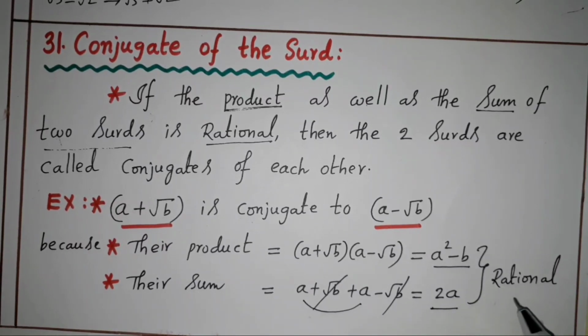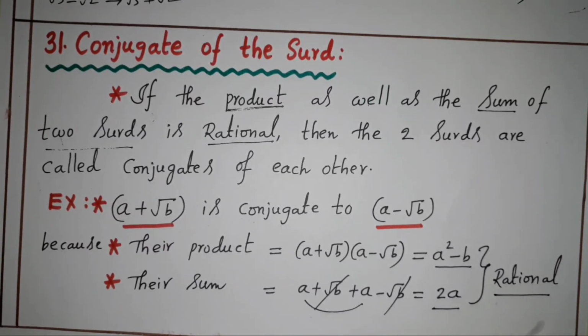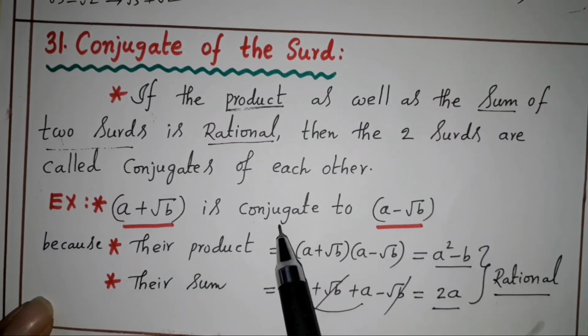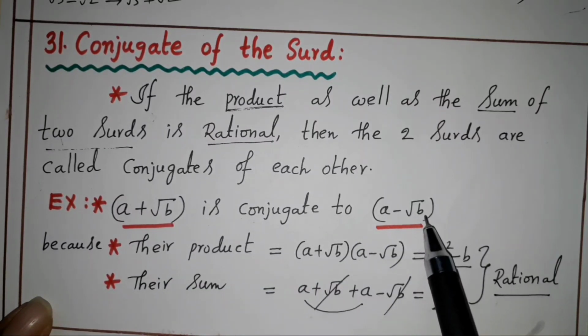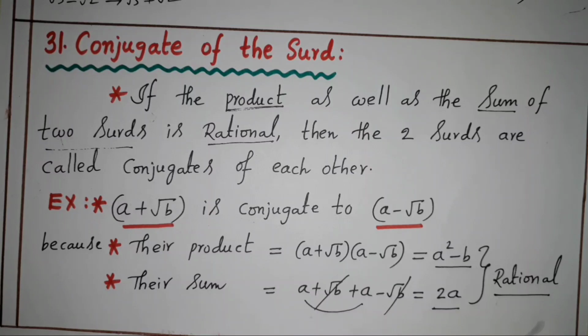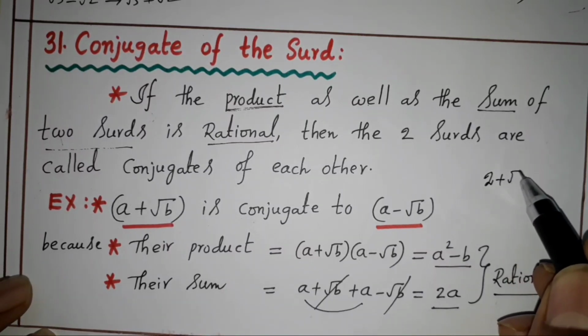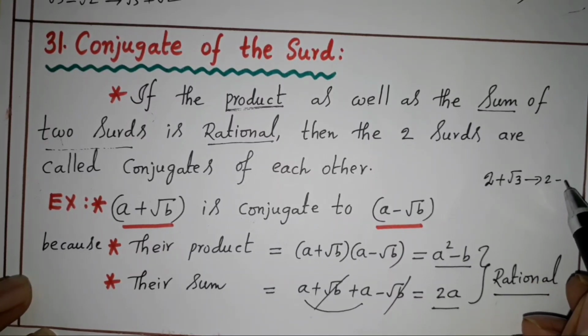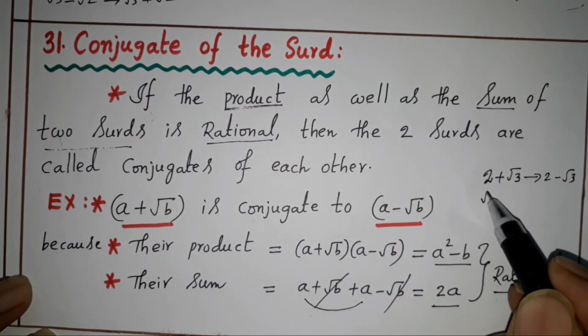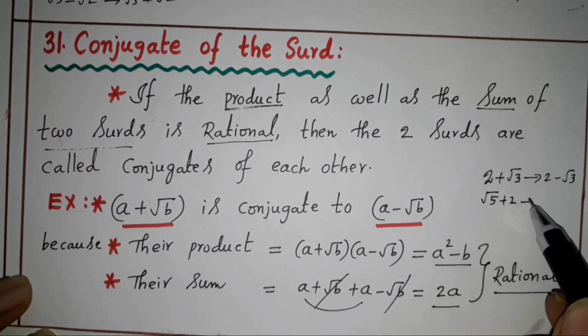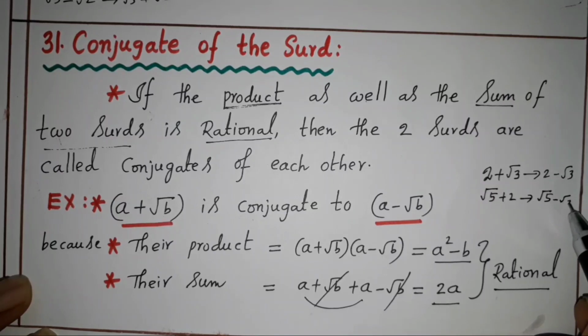Both are without roots, nothing but rational. So we can say a plus root b is a conjugate to a minus root b and vice versa. Please try to understand, children. If the sum and product of two surds are rational, then the two surds are conjugate to each other. For example, the conjugate of 2 plus root 3 is 2 minus root 3. The conjugate of root 5 plus 2 is root 5 minus 2.